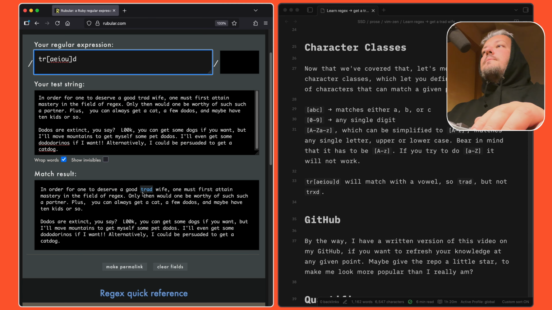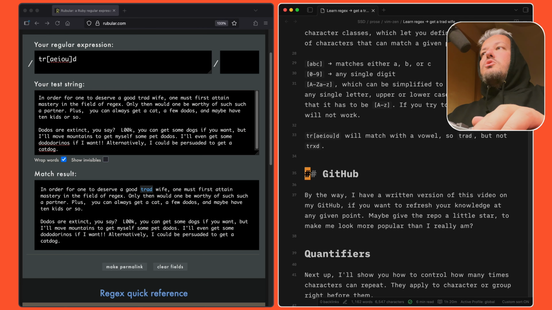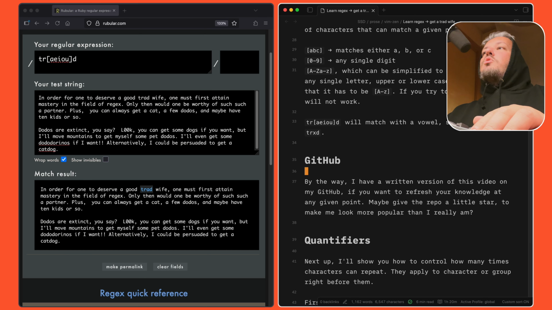And the reason why is because what we're saying is match TR and then something and then D. And then the something here is vowels, right? So it will match trad, it will match tred, trid, trod, and trud. But it's important to point out that it will not match multiple. So it will not match treyud. It will only match one of the letters.